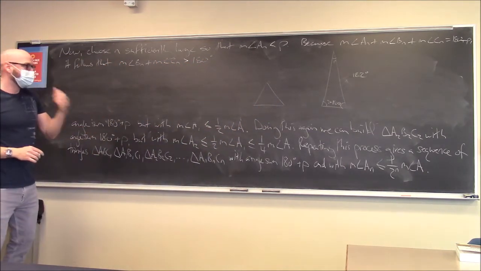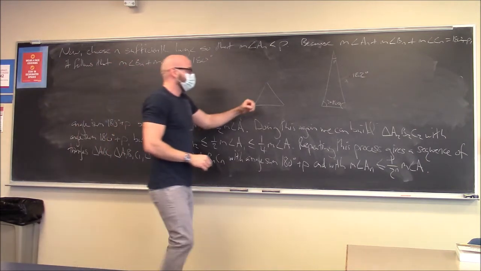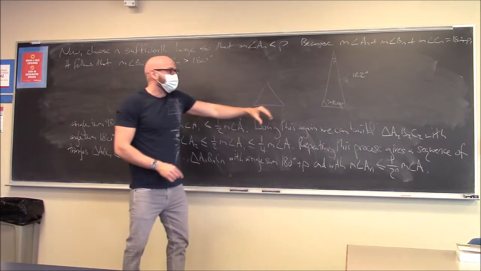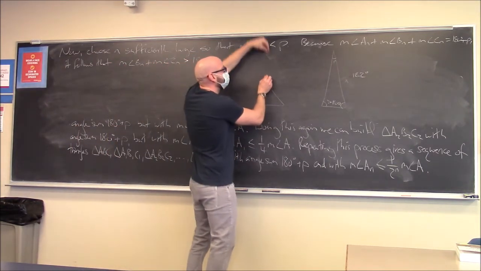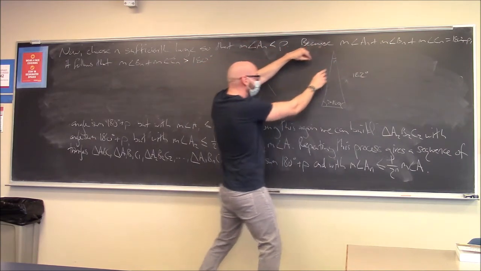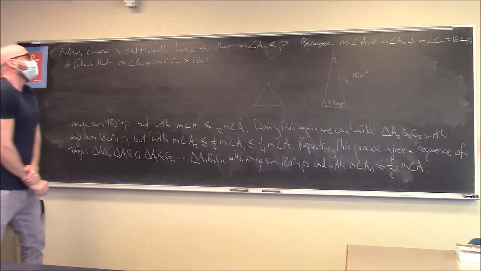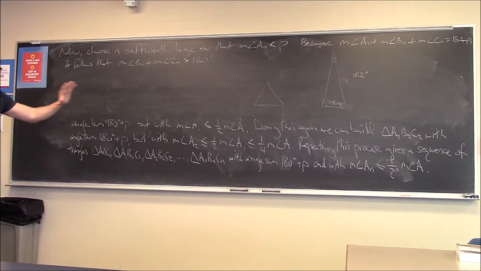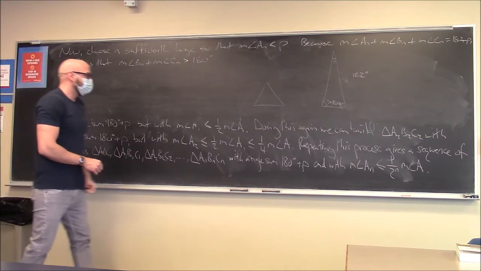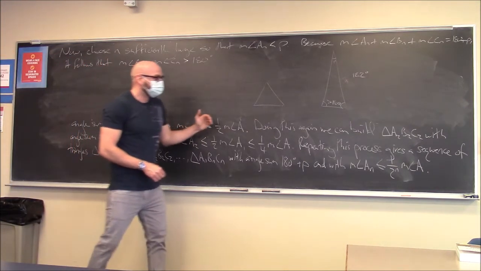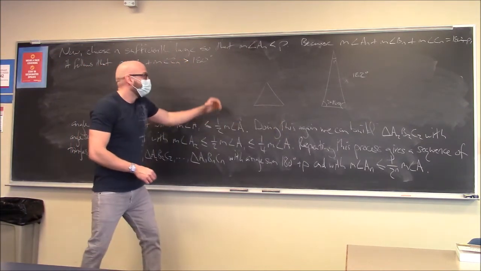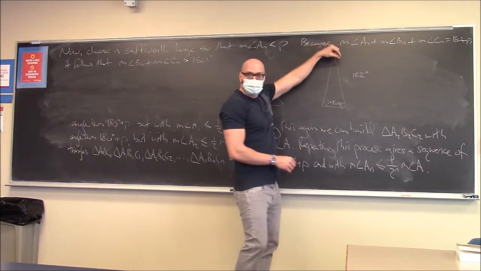But we're not in Euclidean geometry. In neutral geometry, not all triangles have the same angle sum, so there's no guarantee when I stretch this out to become a really, really small angle that the other angles stay the same, right? So this is why we're having to go through this long process, and we're going to have to prove that we can do this, that this actually exists. I'm building a sequence where my triangles have the same angle sum, but I am making one angle smaller and smaller and smaller.